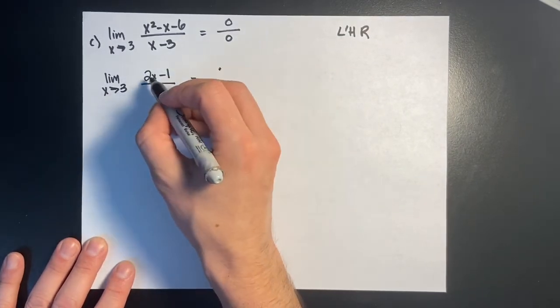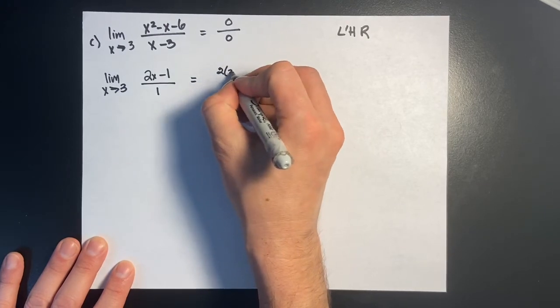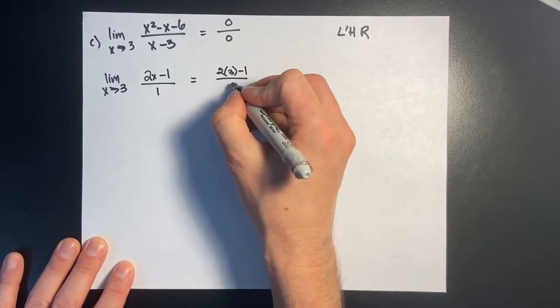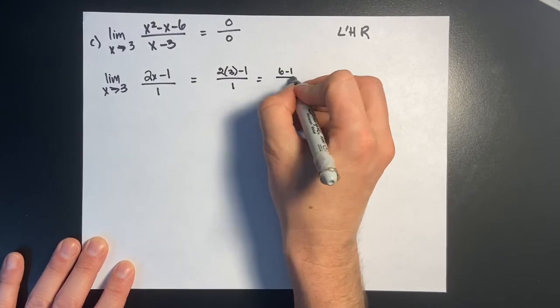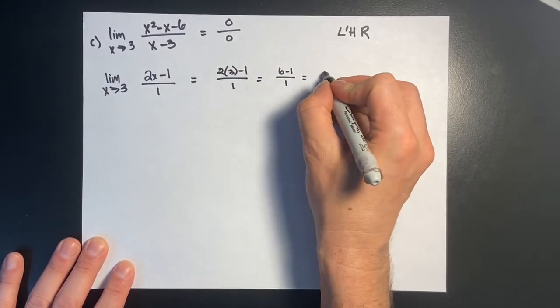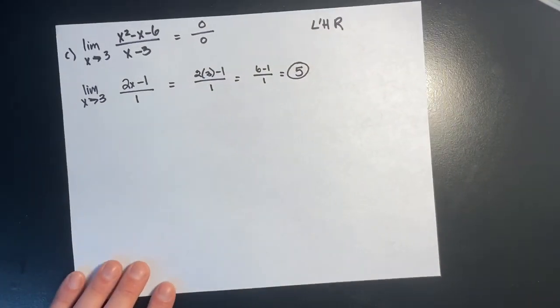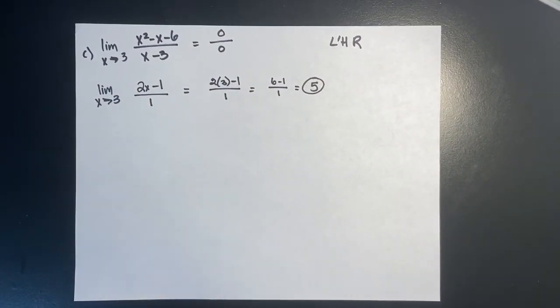What do I get? I get 2 times 3 minus 1 over 1 equals 6 minus 1 over 1, which is 5. That's not 0 over 0. Look at that. Easy.